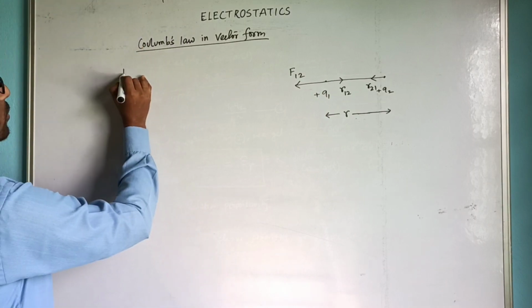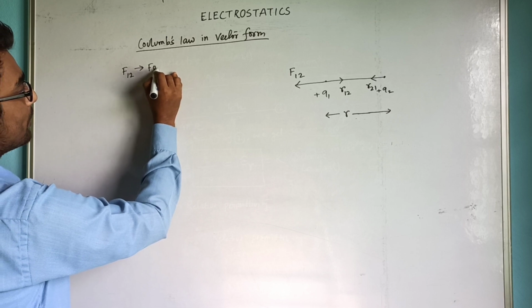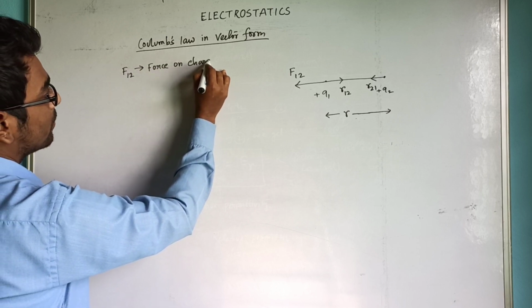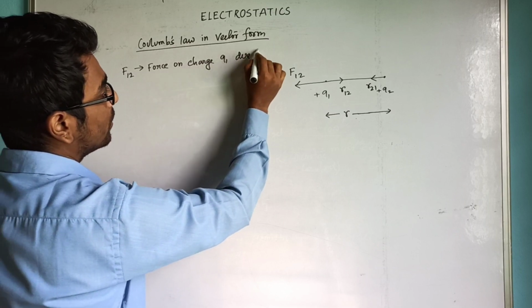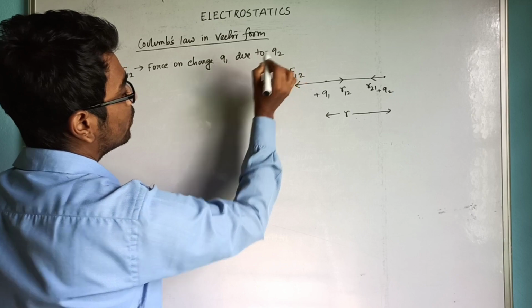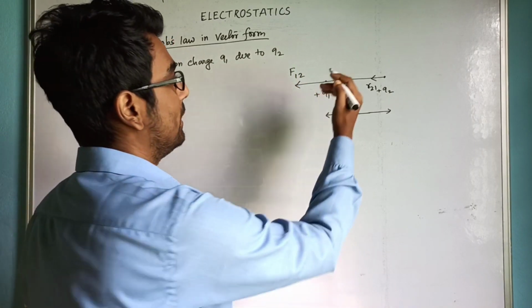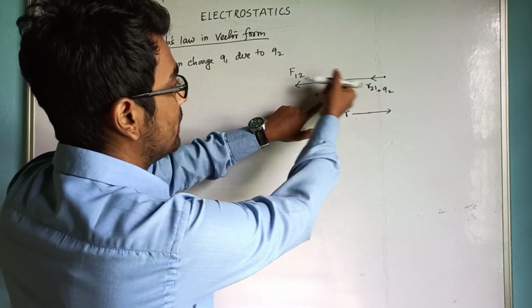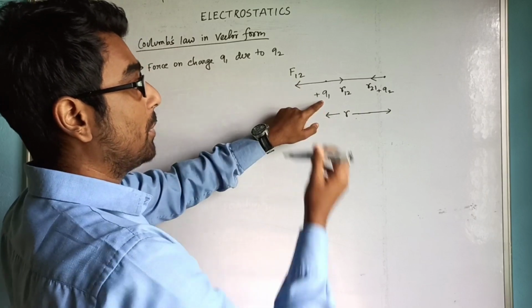So F12 means the force on charge Q1 due to Q2. The force acting on Q1 will be in this direction, so Q1 will move in this direction because of the repulsive force.